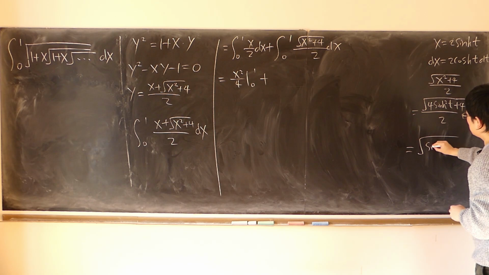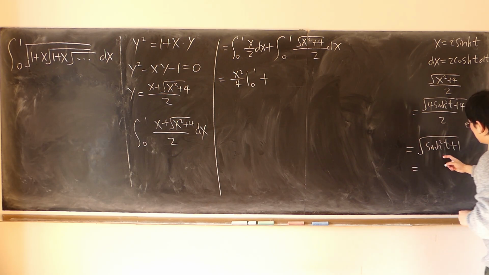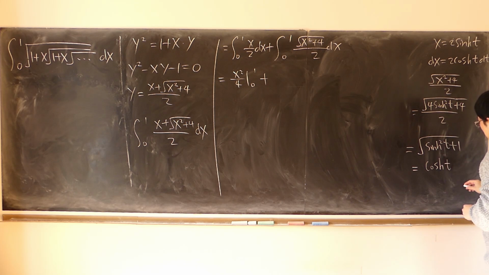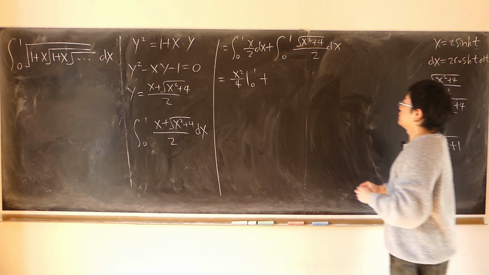Square root of sinh squared plus 1 is cosh squared, square root of cosh squared is cosh. This is a little different from trigonometry, where we have 1 minus sine squared equals cosine squared, but here plus gives cosh squared. So this is easy.